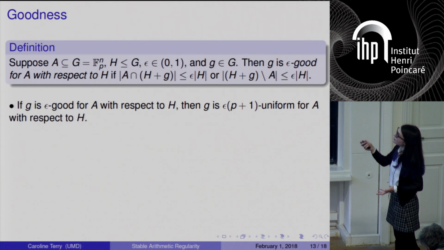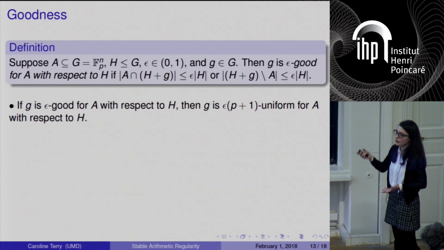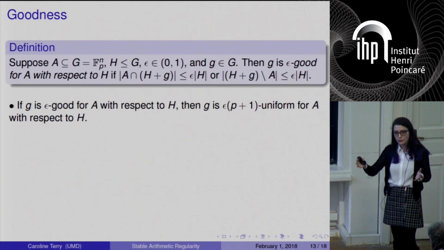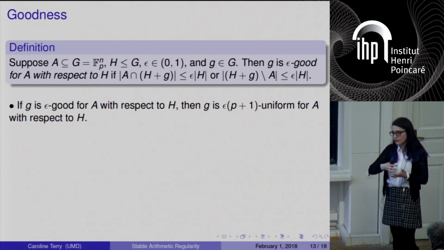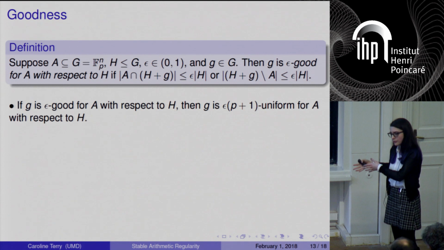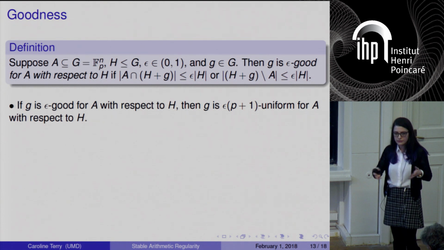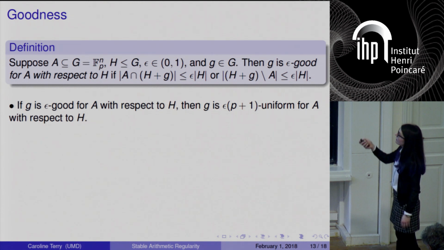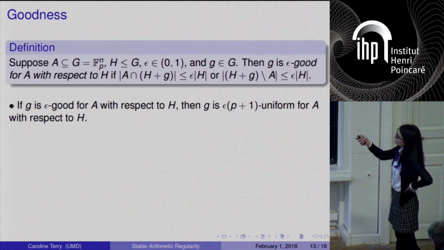But if A is taking up almost nothing in the coset or almost everything in the coset, then any way I cut up the coset, it'll look about the same, because it has to take up almost every piece in the partition or almost nothing in any piece. So that's the idea behind why that's true. Being good is stronger than being uniform.